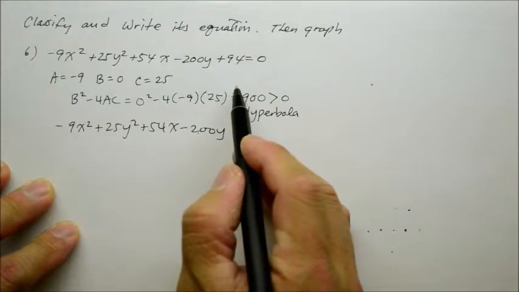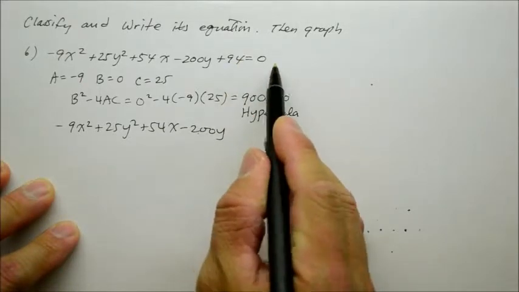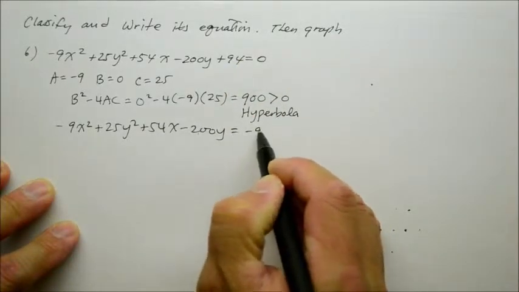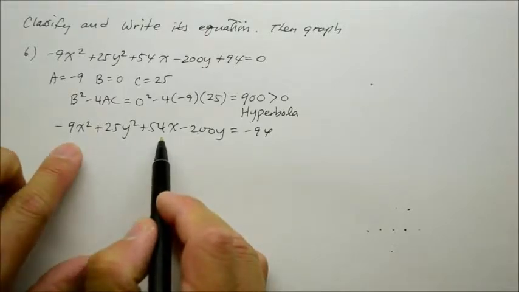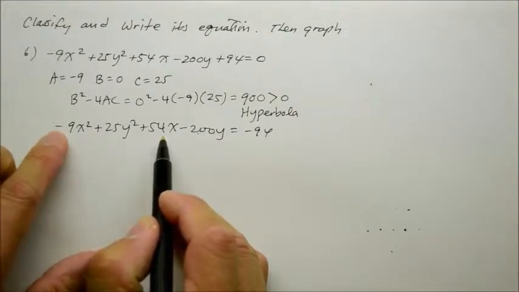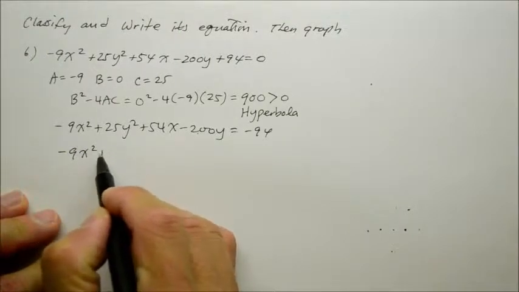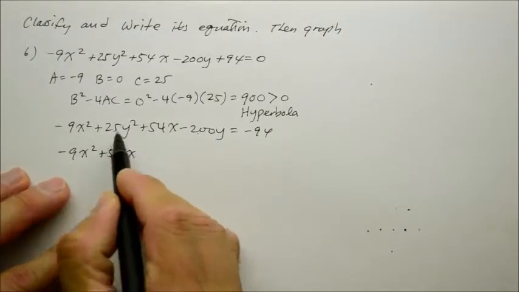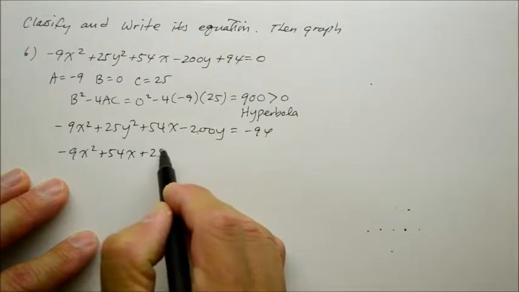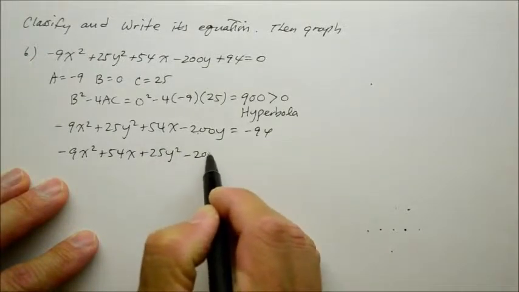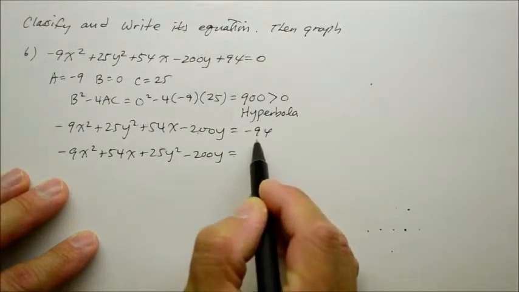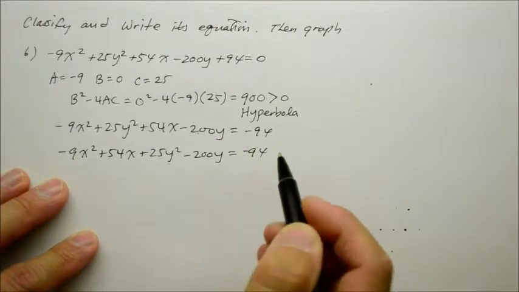And let's move this 94 over to the other side right now. Minus 94. And let's group the x's together so we could factor out the coefficient -9. So we got -9x squared plus 54x. Put the y's together. 25y squared minus 200y is equal to that number we moved over.